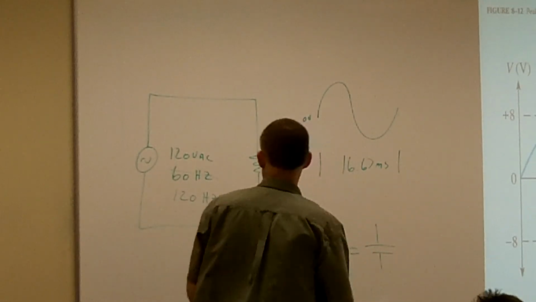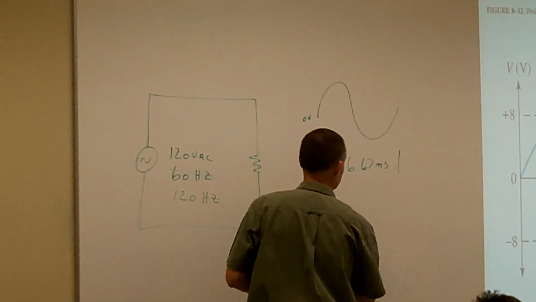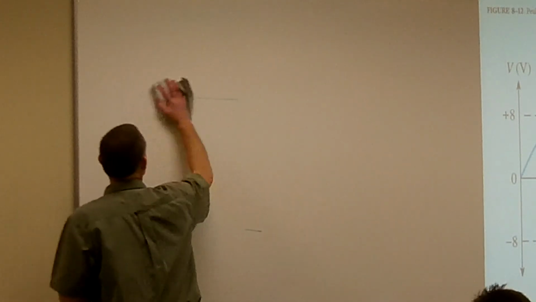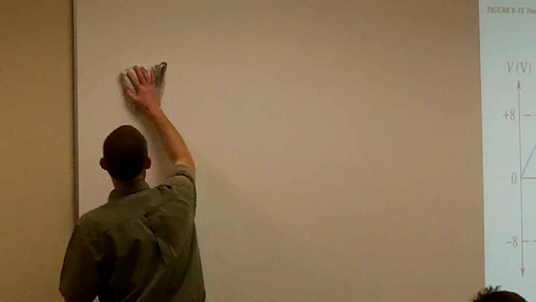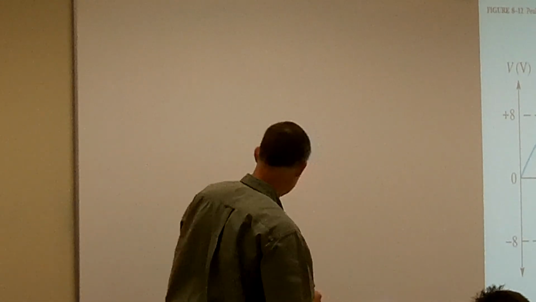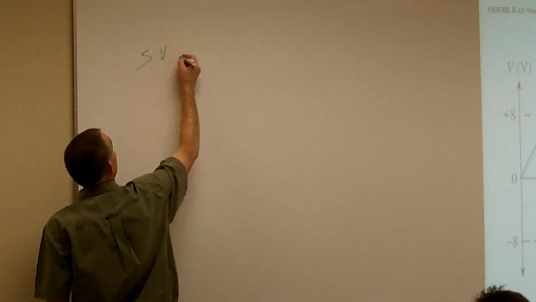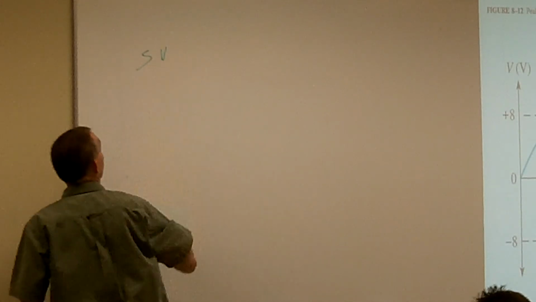So if I'm describing something that's in DC, I can say that it's 5 volts, okay?